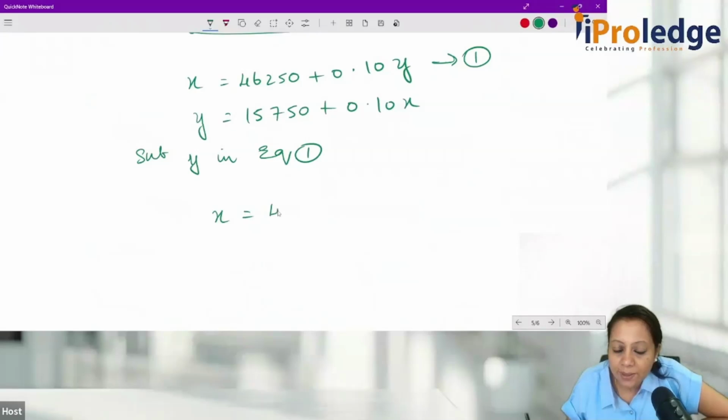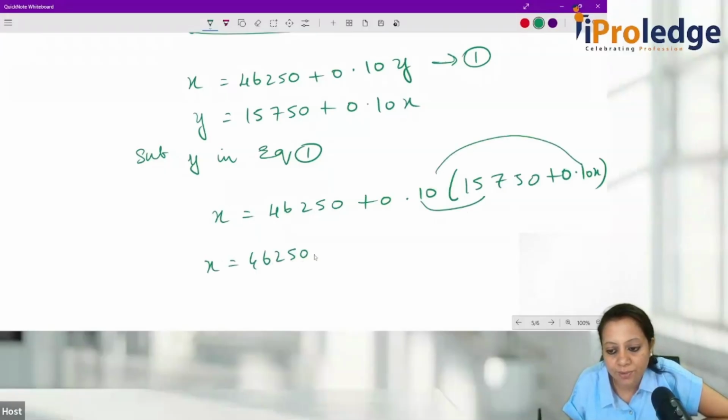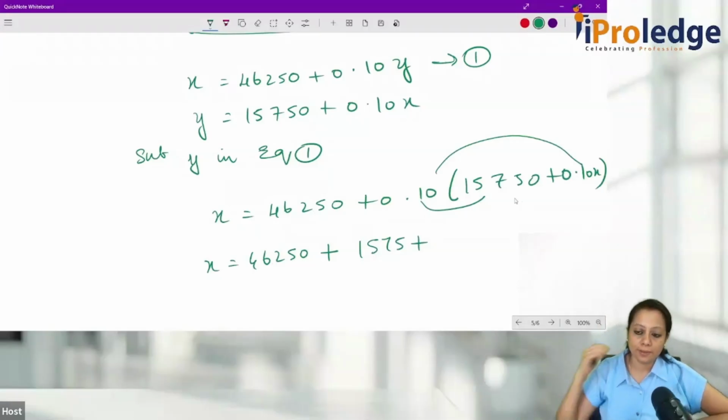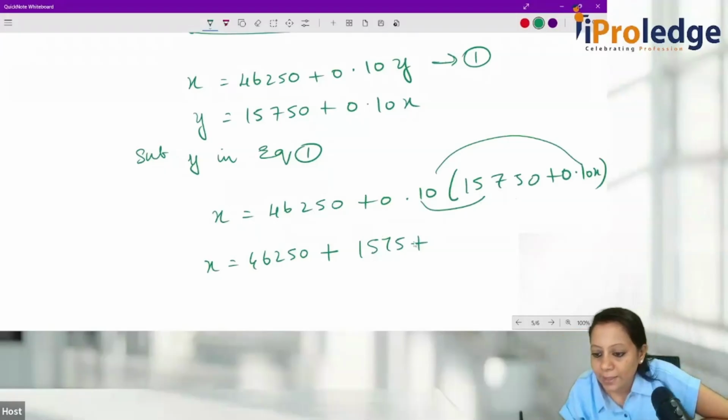X is equal to 46,250 plus 0.1 into (15,750 plus 0.1X). So X is equal to 46,250 plus 1575, and 0.1 into 0.1 is 0.01X.